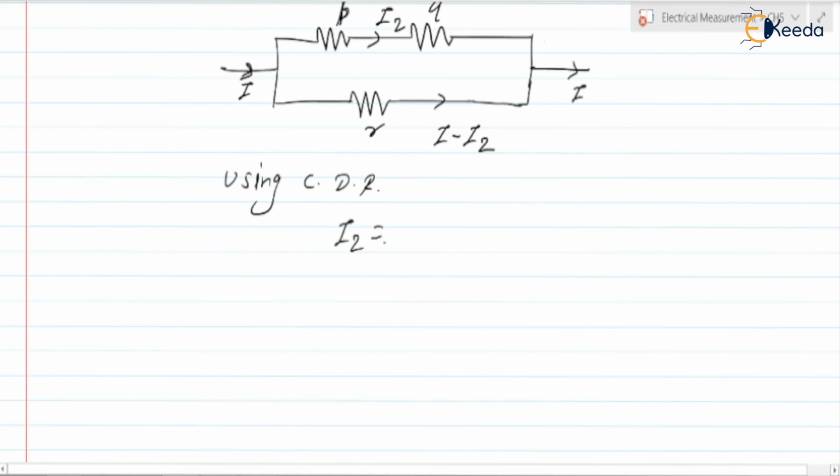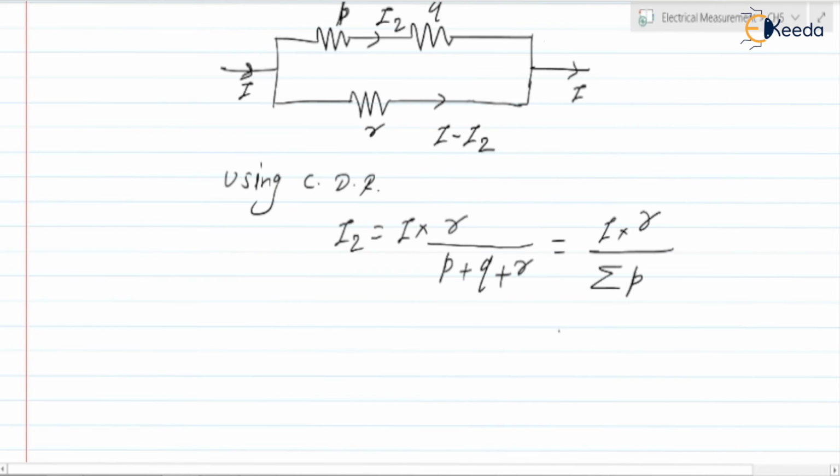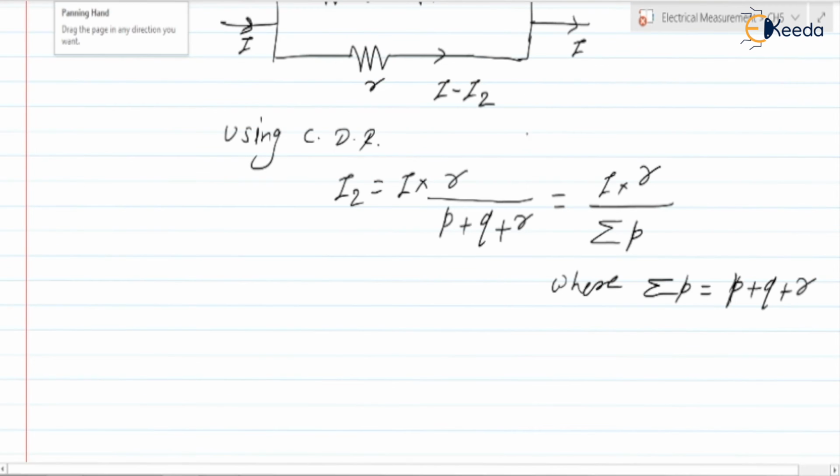We know I2 is equal to total current I into the value of resistance in the opposite branch divided by total resistance P plus Q plus R. So I2 is equal to I into R upon summation P, where summation P is equal to P plus Q plus R. Are you getting the point? Consider this as equation number 3.